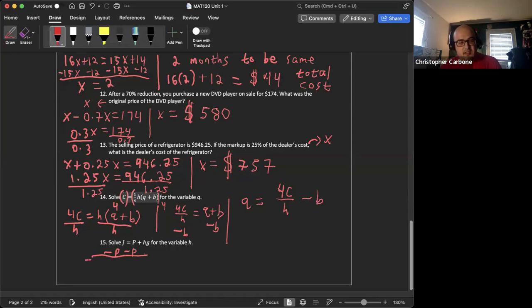This would be J minus the uppercase P is equal to H times G. We're solving for H, so we're going to divide by G. Therefore, H is going to be J minus P divided by G.